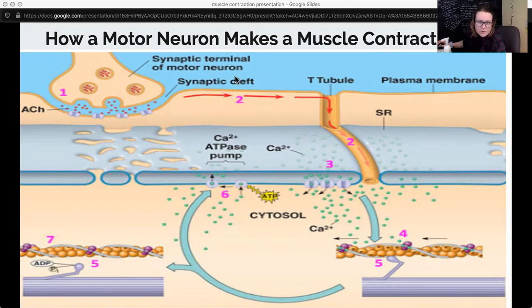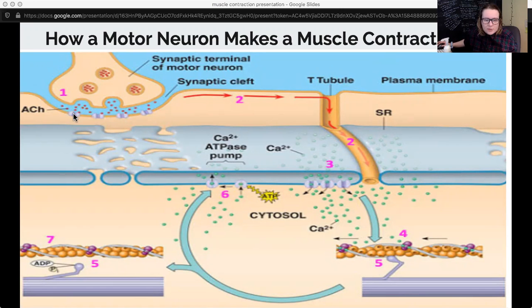It comes to the synaptic terminals of the motor neuron and triggers the release of acetylcholine, the red dots here. The acetylcholine binds to receptors on the plasma membrane of the muscle cell.